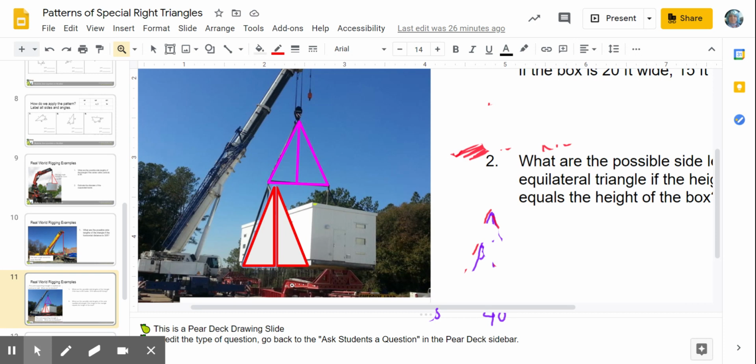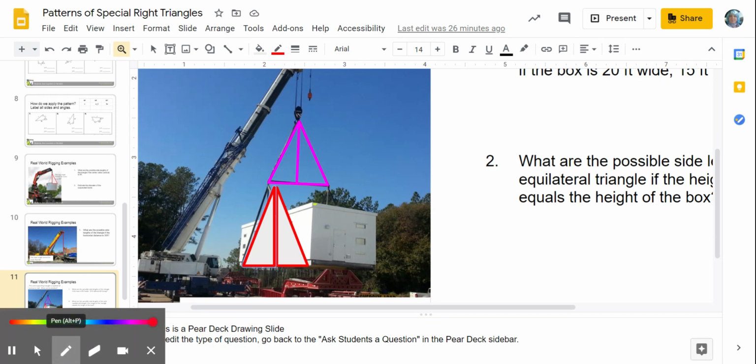So the height of the triangle equals the height of the box is what it said, right? And we had, this was 40 and 20 and 15, right?